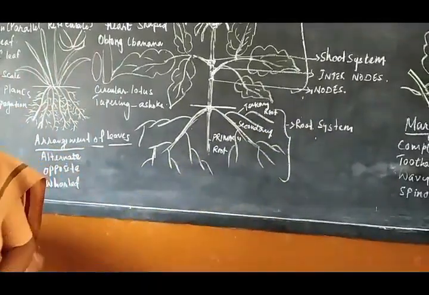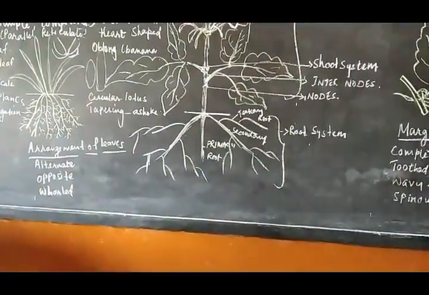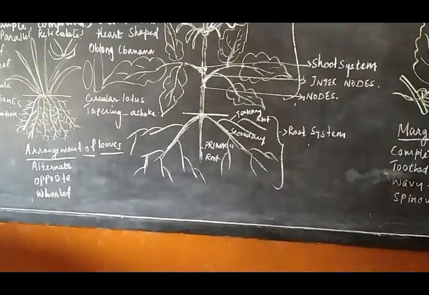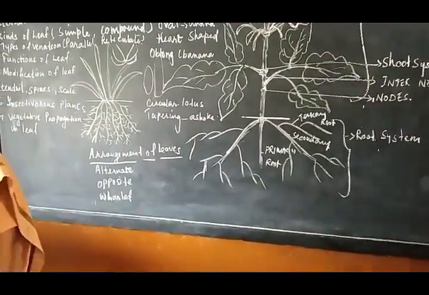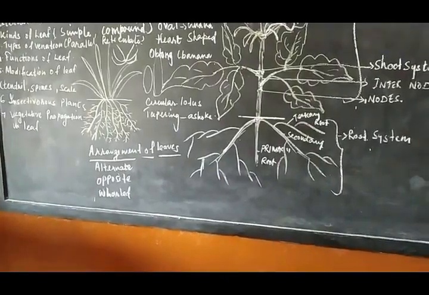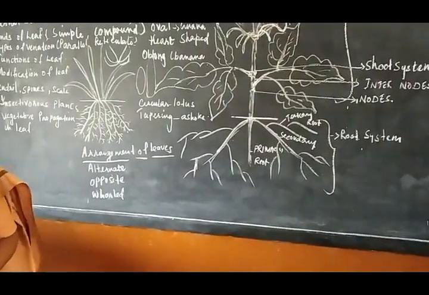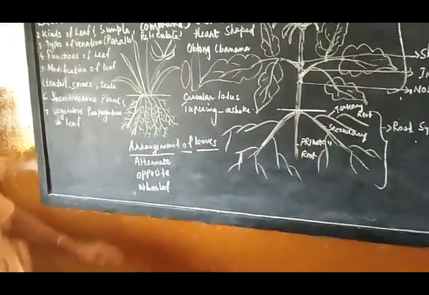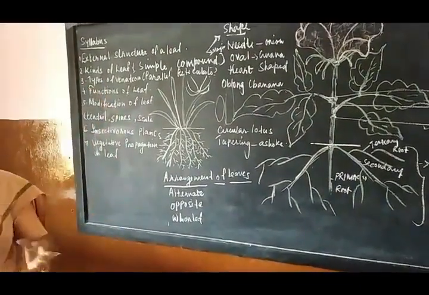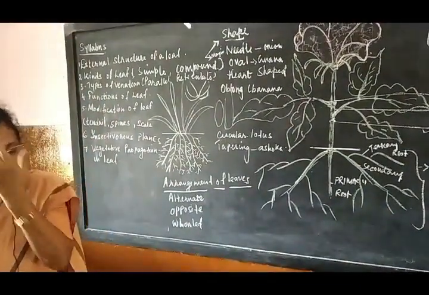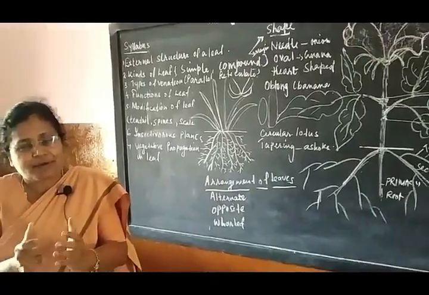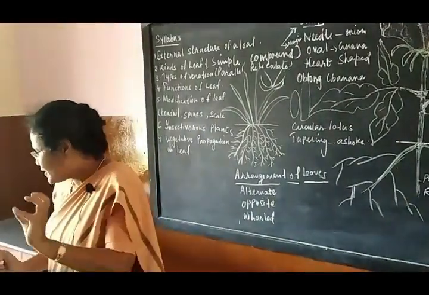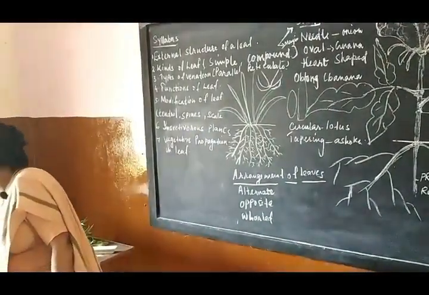So okay children, thus the leaves are of different types. First one we saw was the simple leaf, an example is your peepal leaf. Then we saw the compound leaf, where the example is your rose. A group of leaves arises from a single petiole.